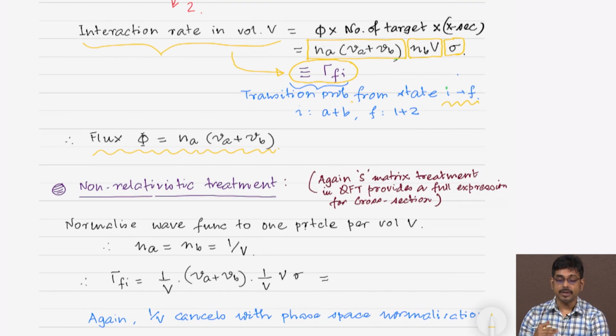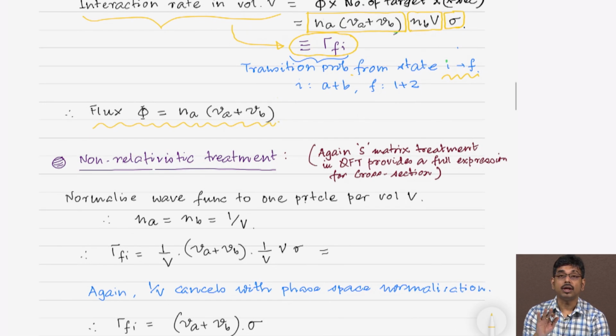In the non-relativistic treatment, once again to remind you, we are going to arrive at the relativistic expression which is actually obtained in QFT from the non-relativistic one. This is, so to say, not absolutely the state of the art technique of doing it, but still it serves the purpose. It gives you absolutely the correct interpretation of the cross section.